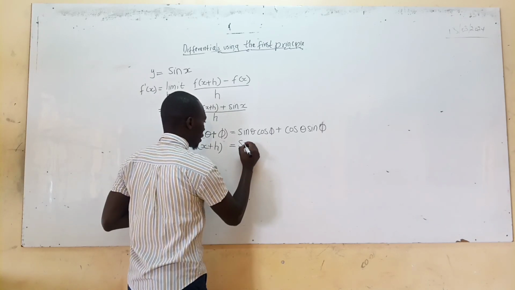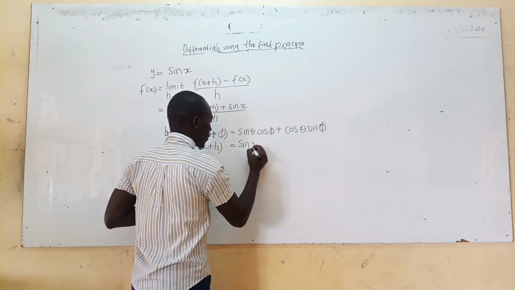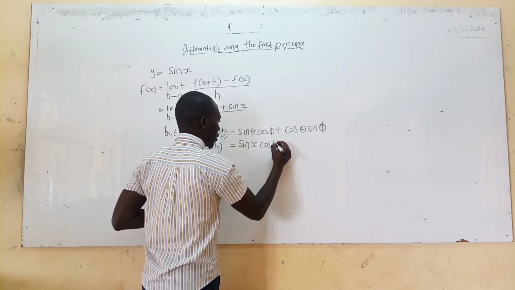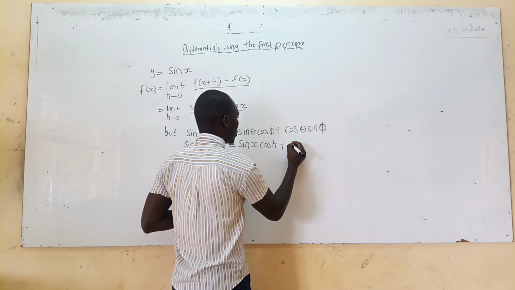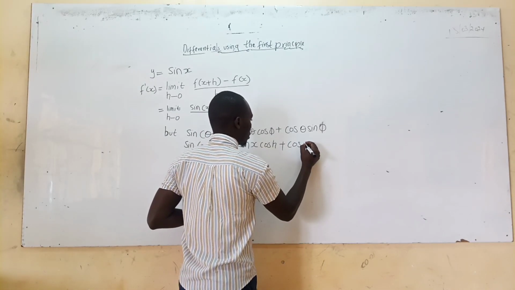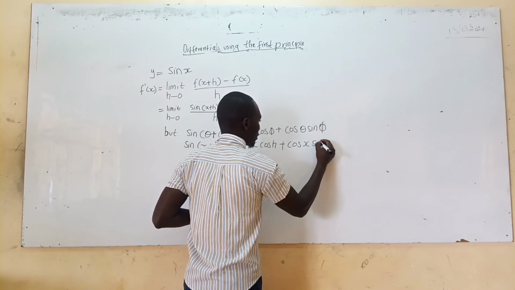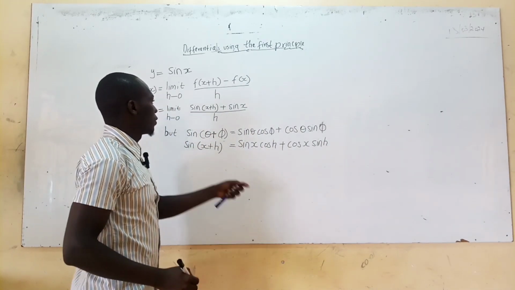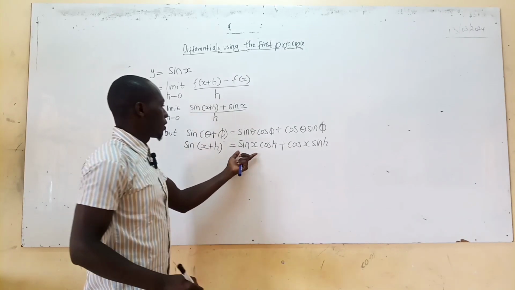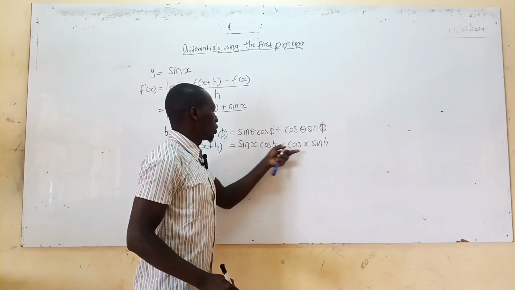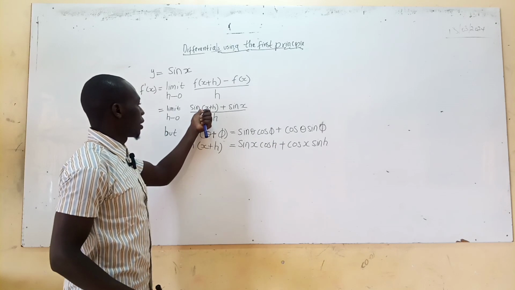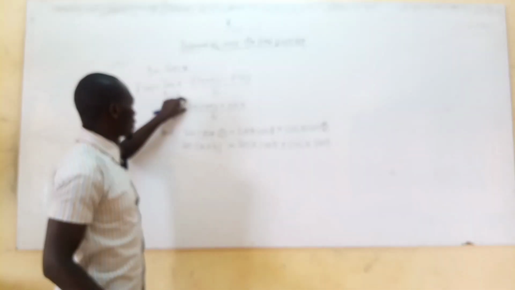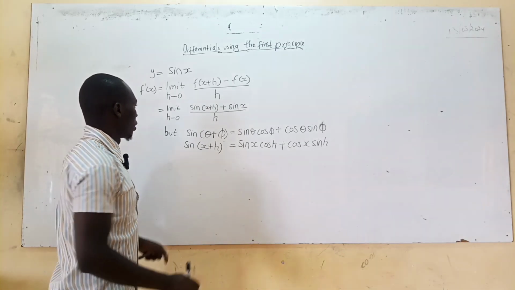So we are going to have sine x cos h plus cos x sine h. This is the replacement of what we have here, since we are going to expand this one using the trigonometric rules.